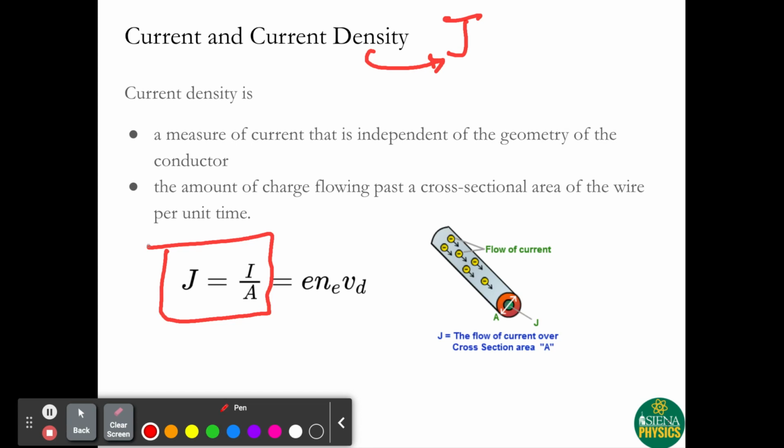So it gives us a measure of current that doesn't depend on the actual geometry of the wire, per cross-sectional area. That would simplify to the charge of the electron, the number density of electrons, and the drift speed.